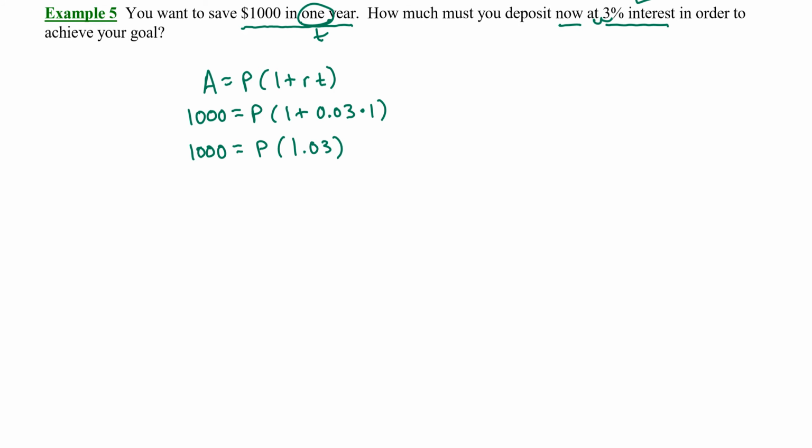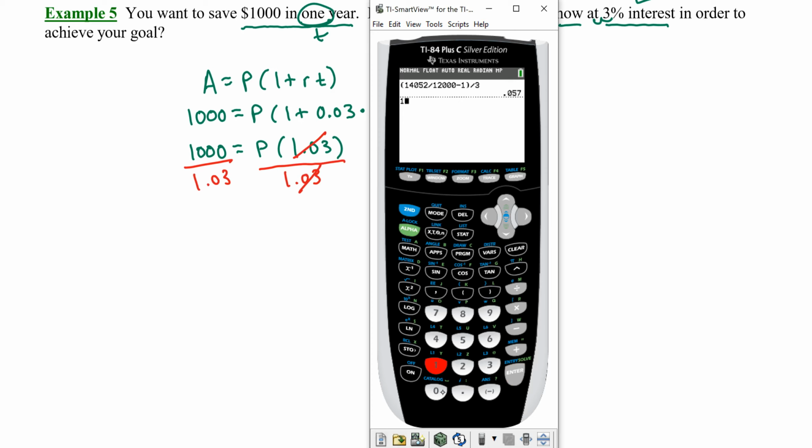The algebra is a piece of cake on this one. We need to get p by itself, so we're going to divide both sides by 1.03. So our solution will be $1,000 divided by 1.03.